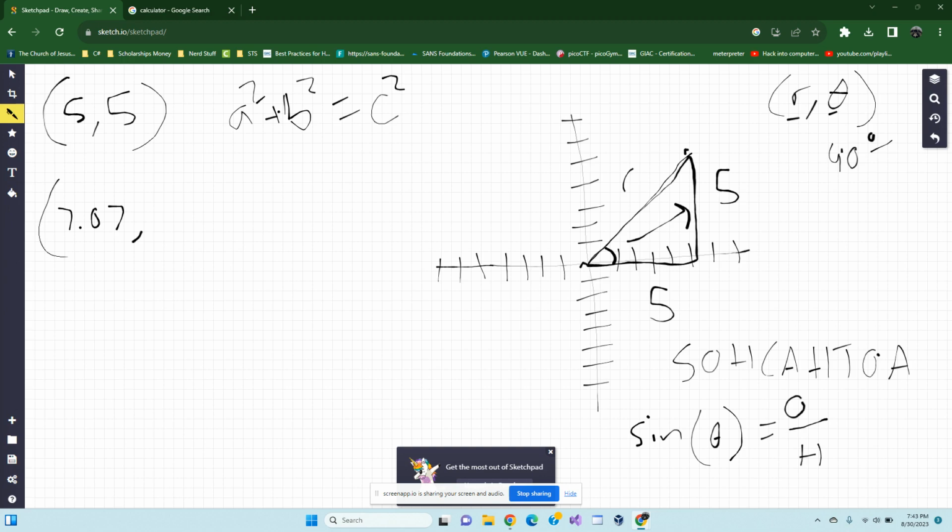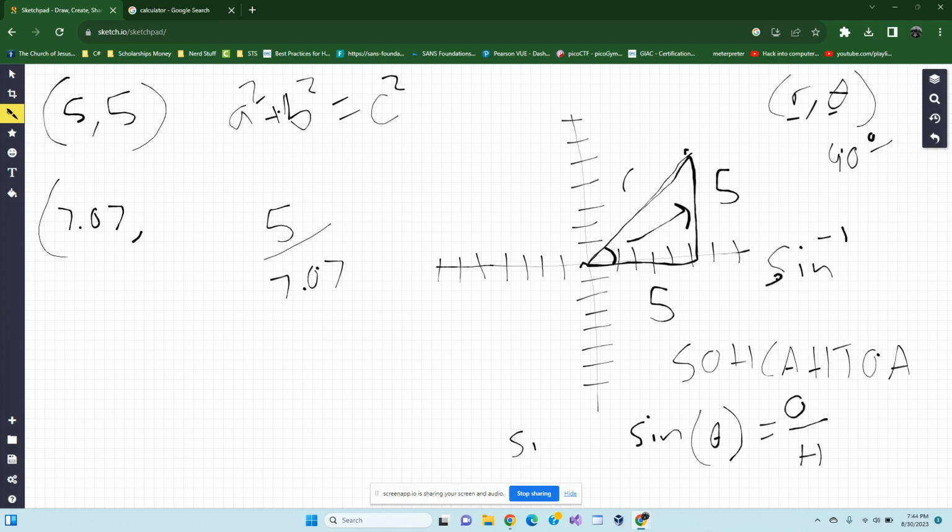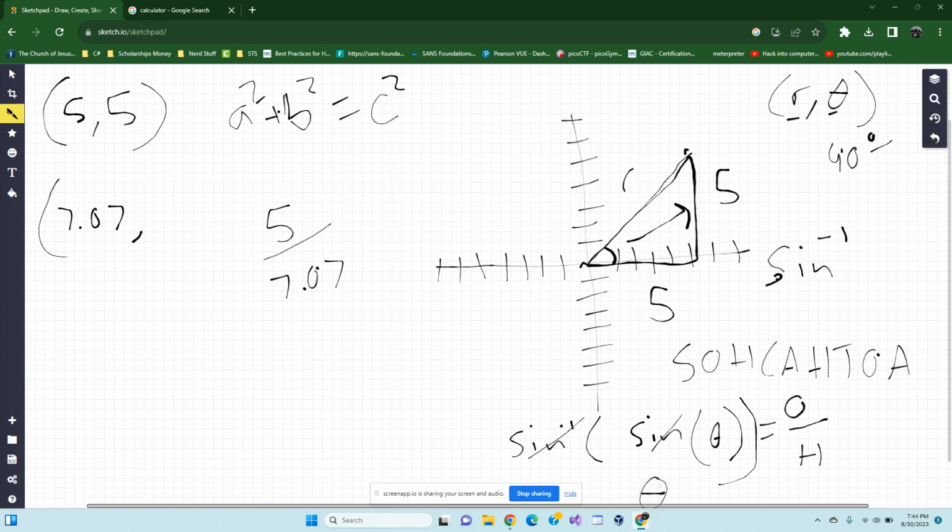So in this case, it's 5 over 7.07. But that's not our actual angle, that's the sine of the angle. And so on the calculator and in math, there's a special function. It's called sine inverse, which looks like sine, but with a -1 symbol there. So if we do the sine inverse of the sine of the angle, those cancel out and leave us with the angle.